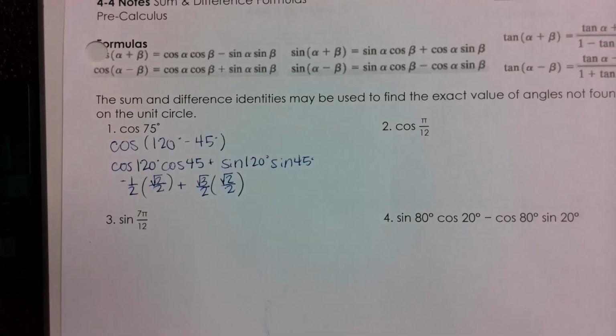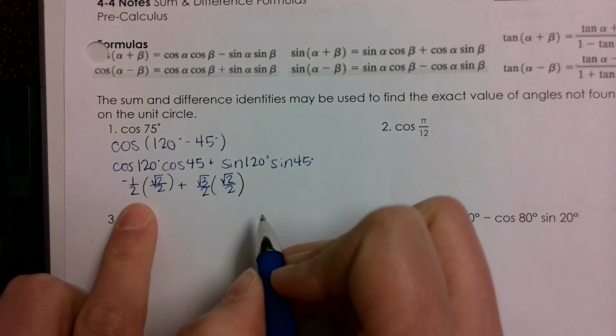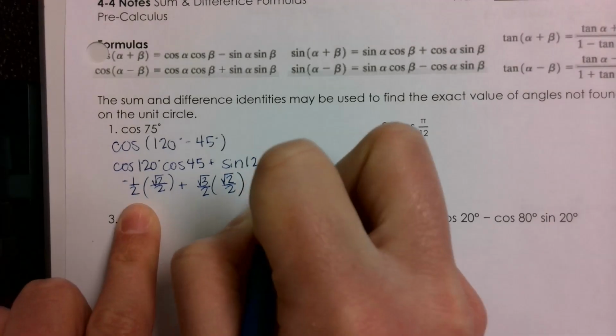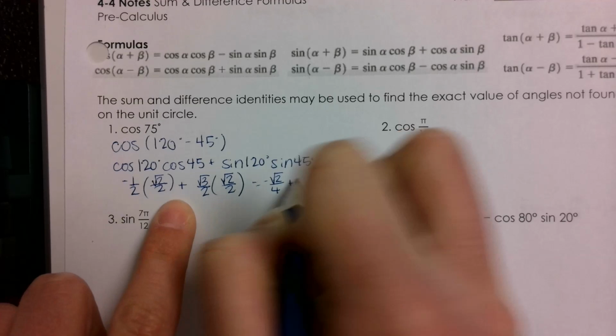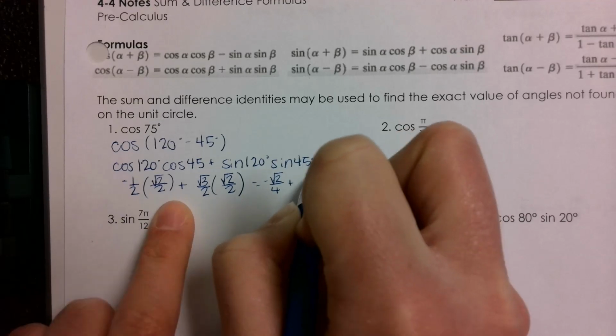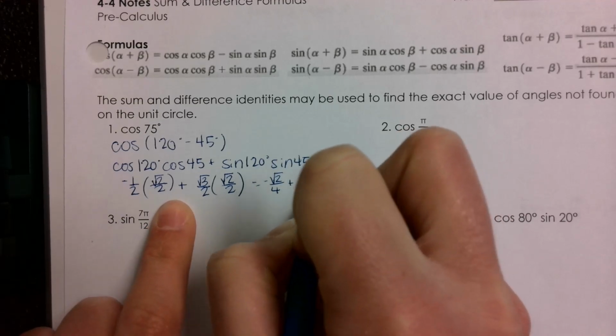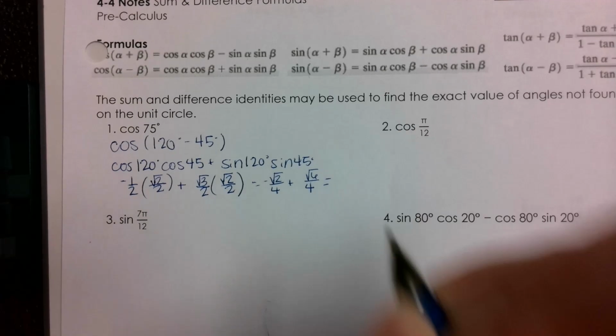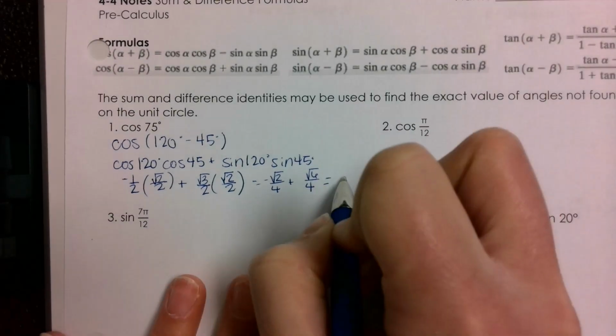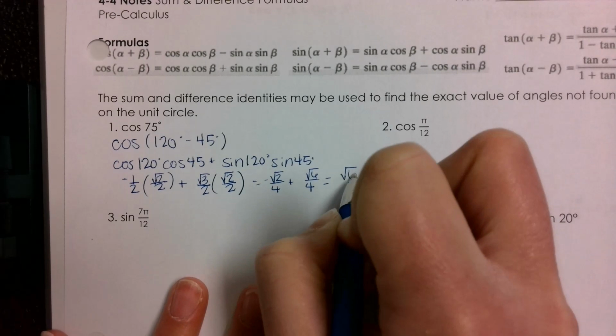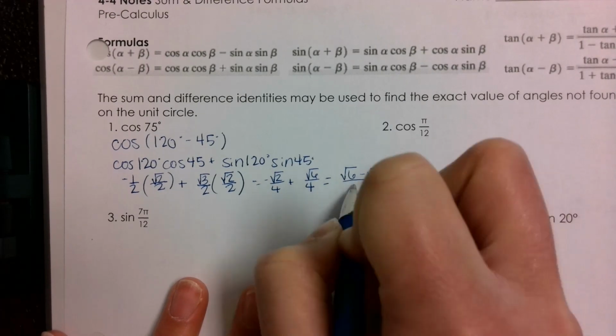Is that all right? So then we're going to have negative root 2 over 4 plus root 6 over 4. And so we'll just make that root 6 minus root 2 all over 4.